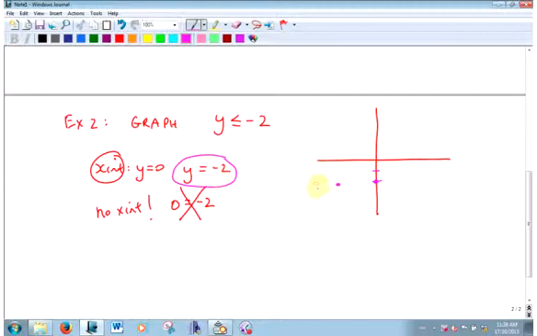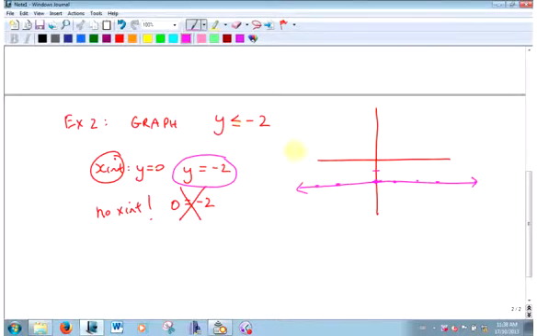If X is -8, Y is -2. If X is 2, Y is -2. Do I care what X is? Y is always -2. Okay? That is a horizontal line at the point Y is -2.